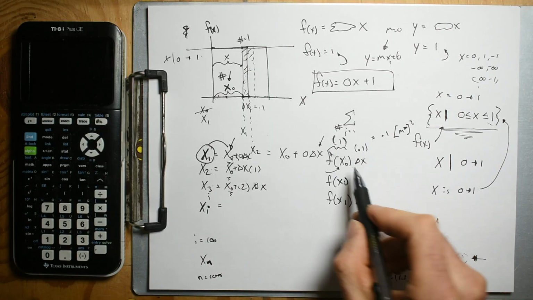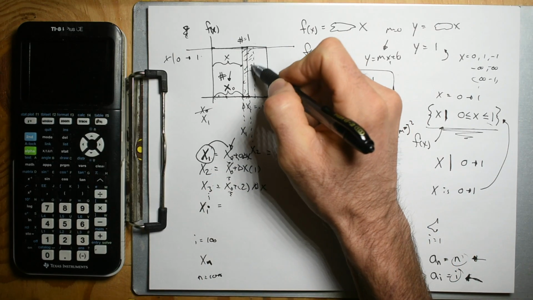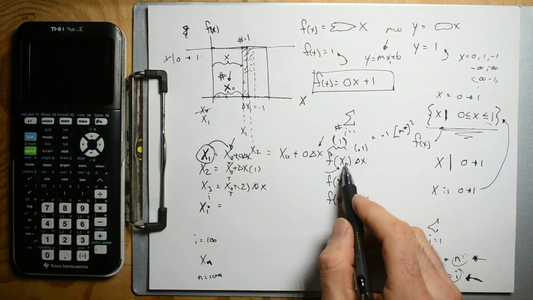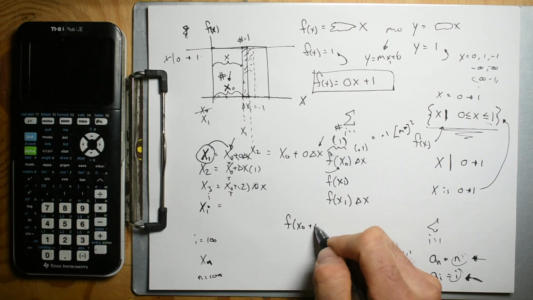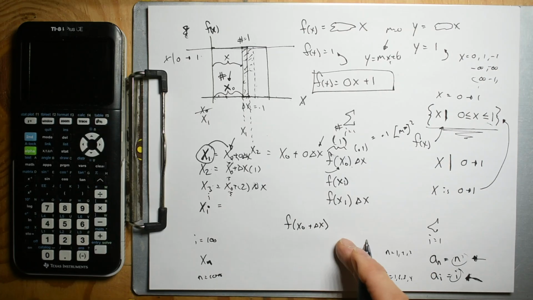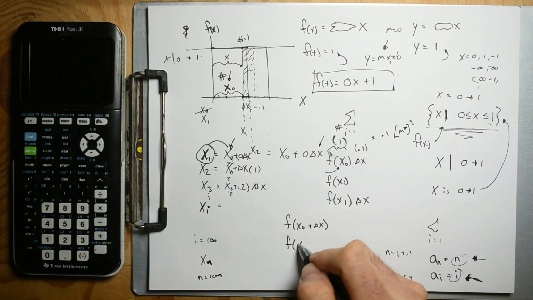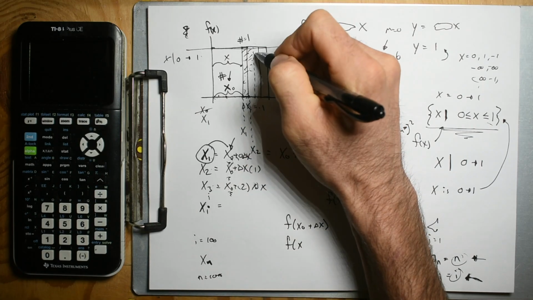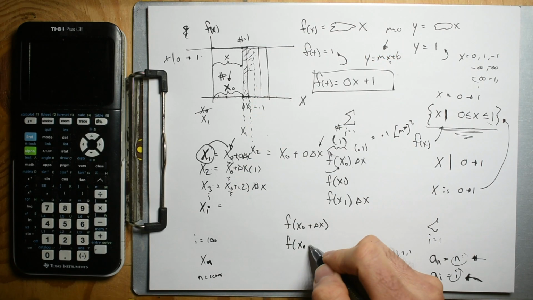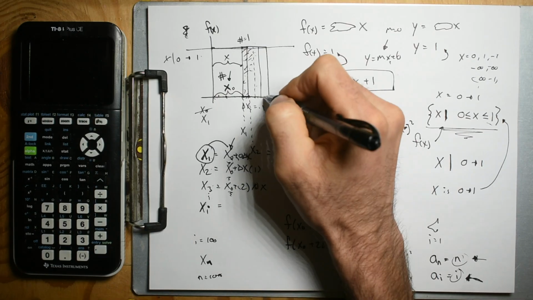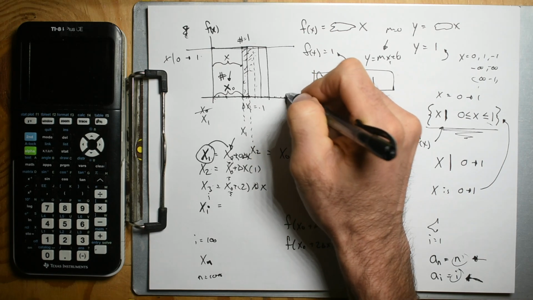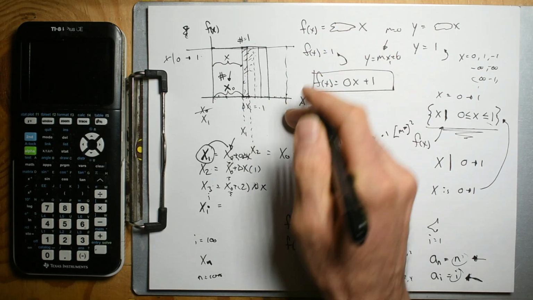Just because for the second value, if I'm going to try to get the area of that one, what's the value that I'm going to put in there? Well, I'm going to put in f of x naught plus change in x. And then for the third area, I'm going to do f of x naught plus 2 change in x. And then what about an ith value?